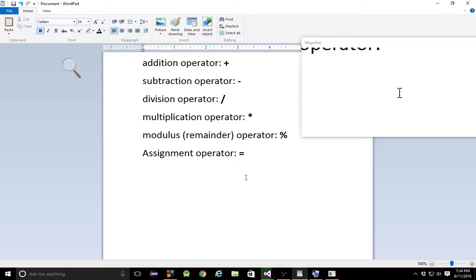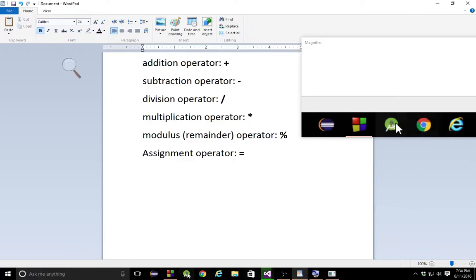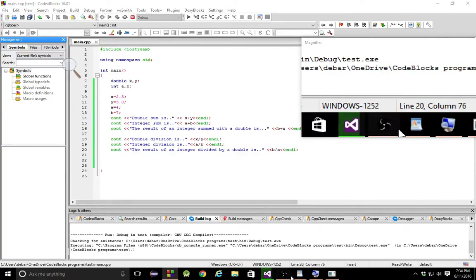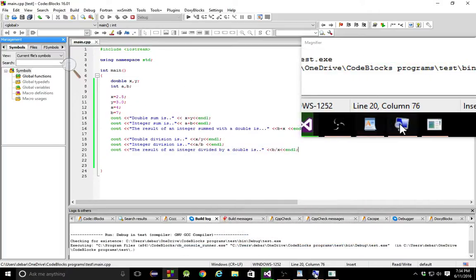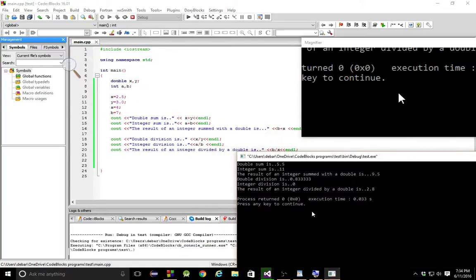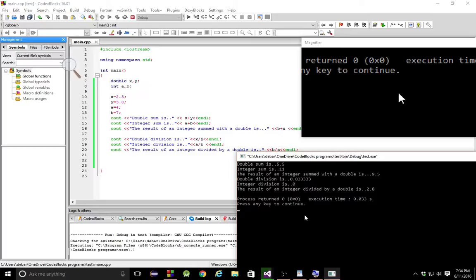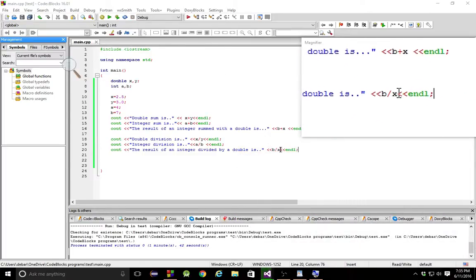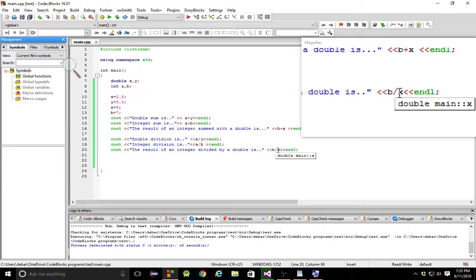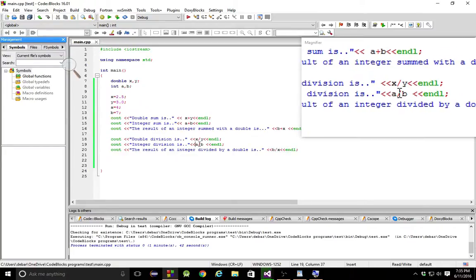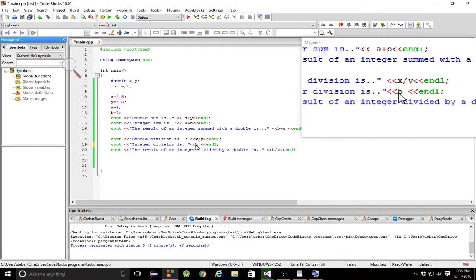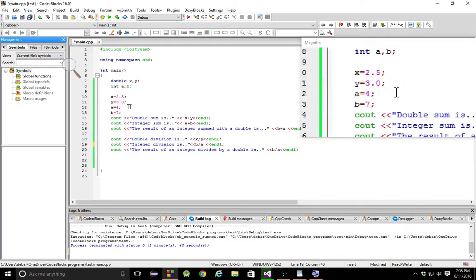So let's try to just make one small change and see what happens if we were to divide b over a instead. B over a, so that's 7 over 4.